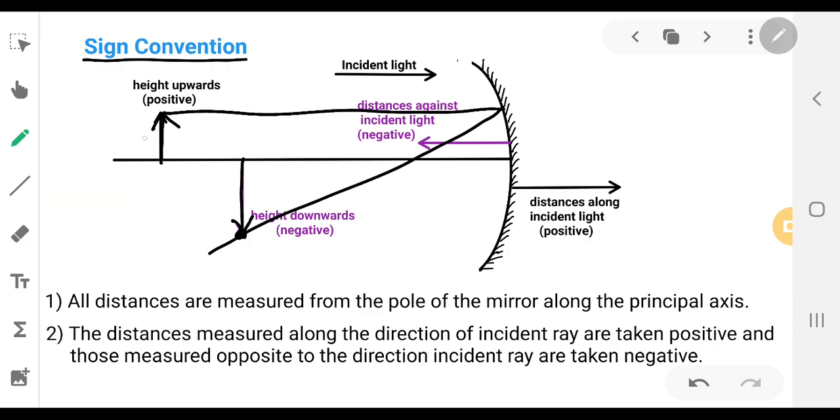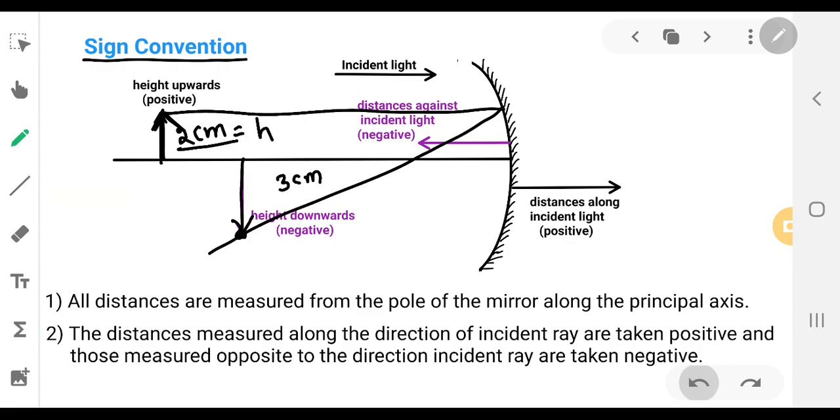Suppose the object is of height 2 centimeter, then h will be 2 centimeter only. There is no negative sign because it is above the principal axis. If the image height is 3 centimeter, h dash, as it is below the principal axis, it is taken as minus 3 centimeter.